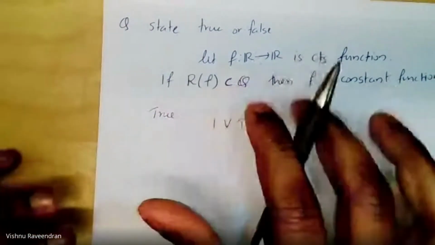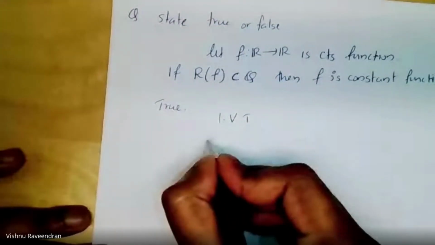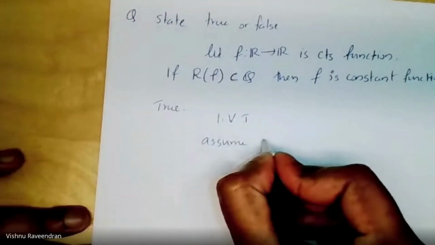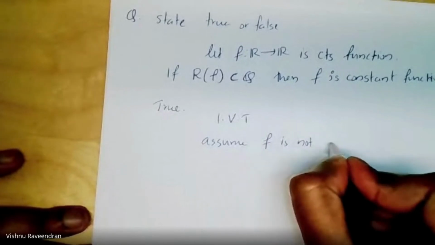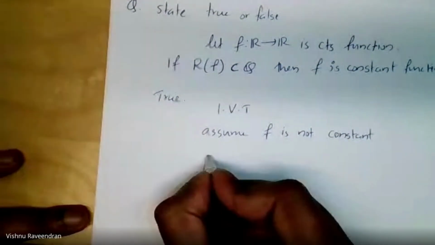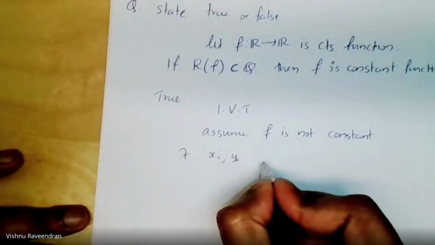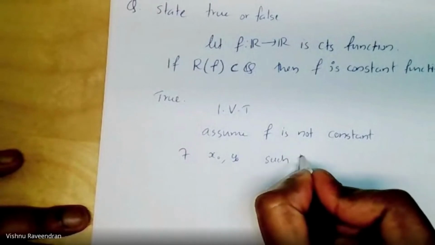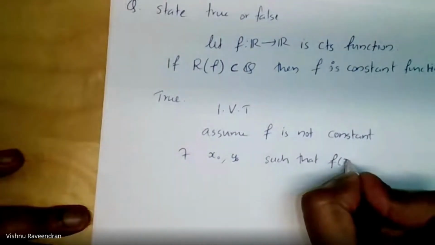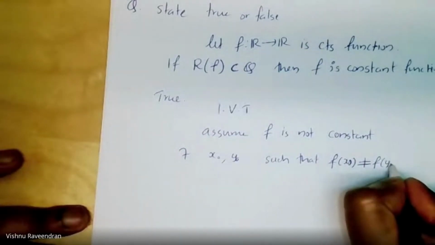So how we prove that, for those who don't know the proof: assume f is not constant. Then there exist x0 and y0 such that f of x0 is not equal to f of y0.